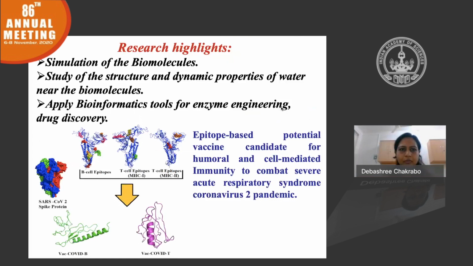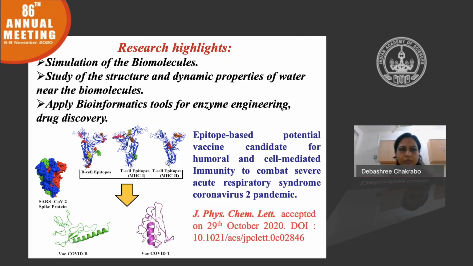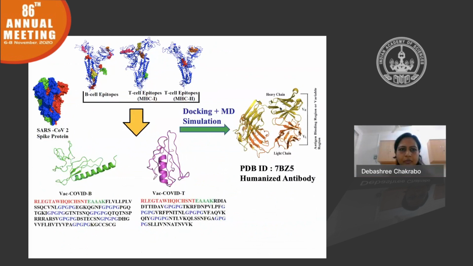We tried to design an epitope-based potential vaccine candidate for human and cell-mediated immunity to combat severe acute respiratory syndrome coronavirus. We took the spike protein and, with the help of bioinformatic tools, identified the epitopes.